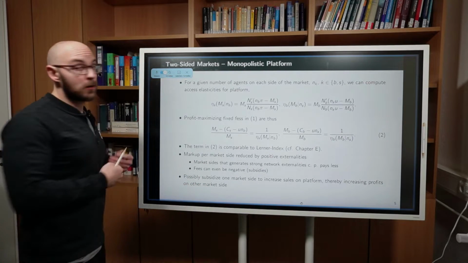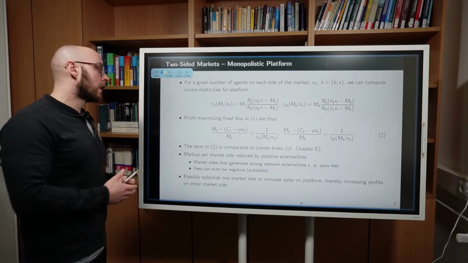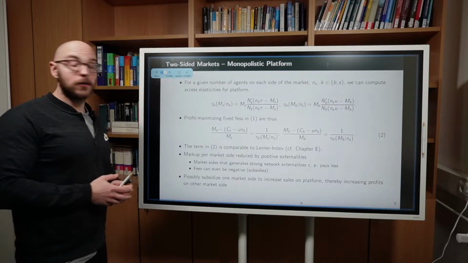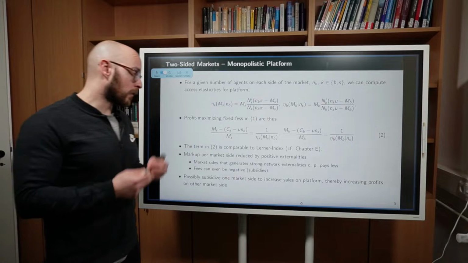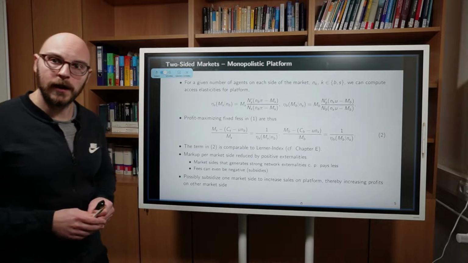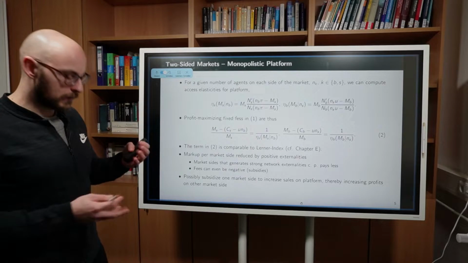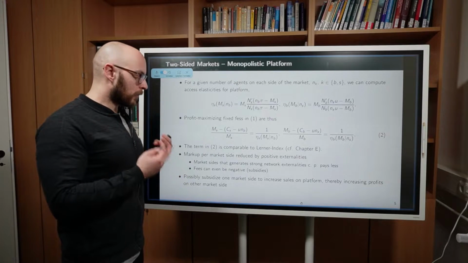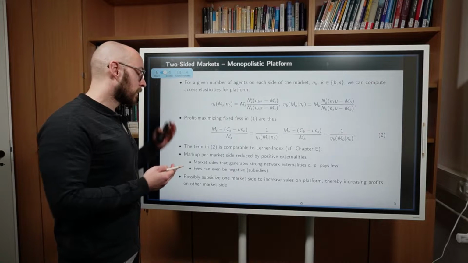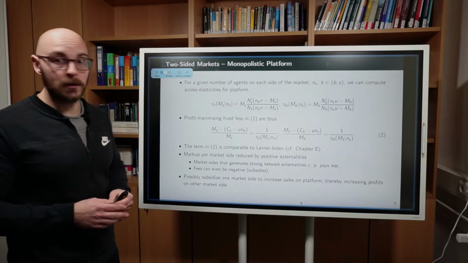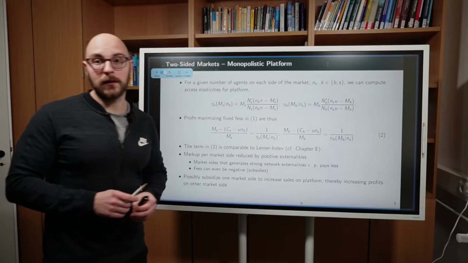So recall that our Lerner index was the percentage markup over marginal cost, and we have derived in chapter, I think it was chapter A already, that in equilibrium of a monopoly market, the Lerner index is 1 over the own price elasticity, right?